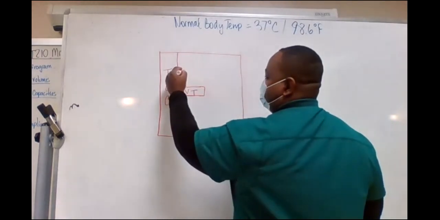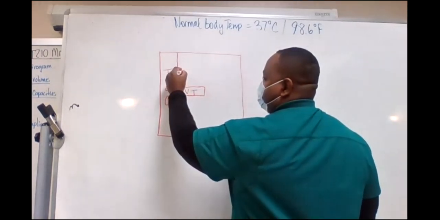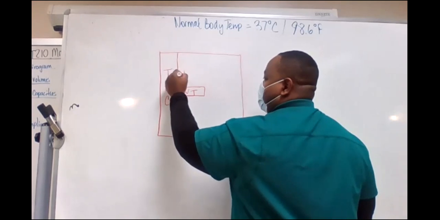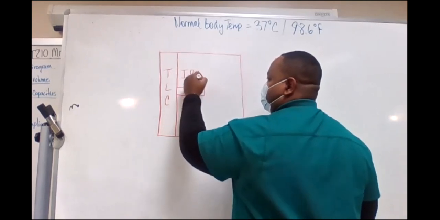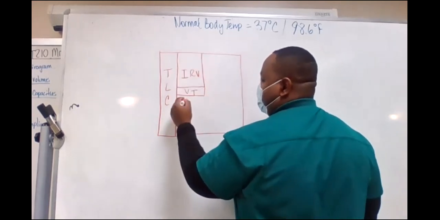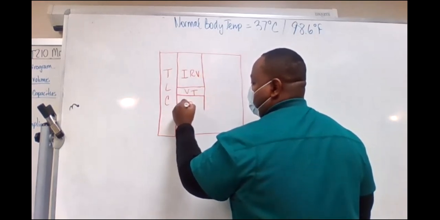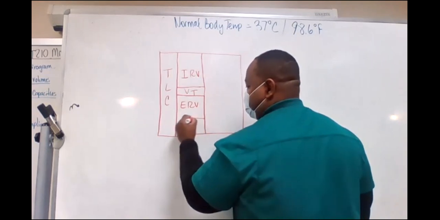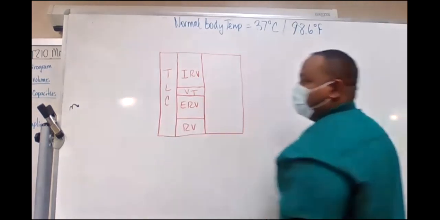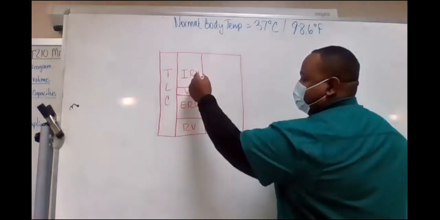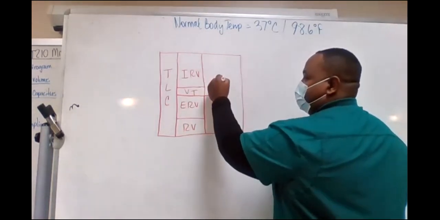What's above tidal volume? The amount of air I can inhale after tidal volume is what? IRV. Then the amount of air I can move out after tidal volume is what? ERV. And what's always left? RV. Got that so far? Now, VT plus IRV is what?